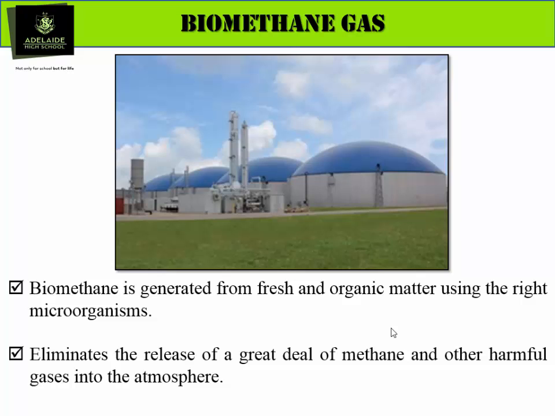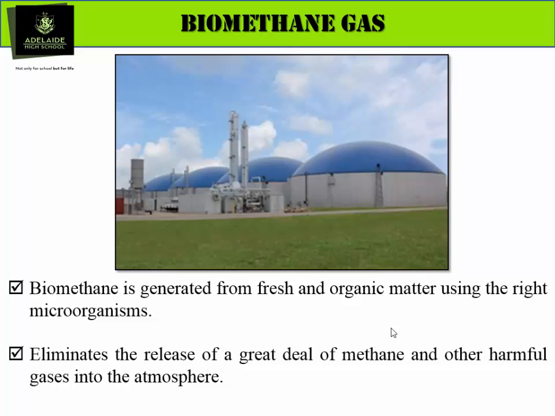But whatever it may be, the methane produced is actually also very toxic to the environment because you have a build-up of greenhouse gases in the atmosphere. But rather than having methane being generated from dead organisms or even other organic products, we have biomethane generated from fresh organic matter using organisms, microorganisms especially.